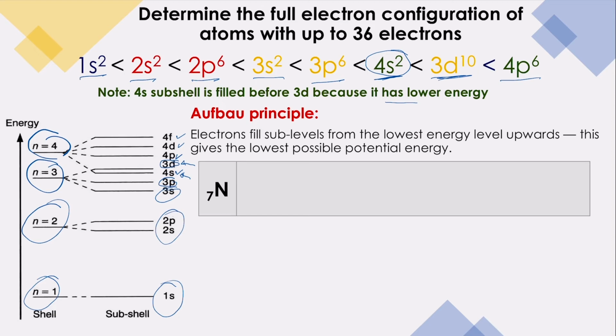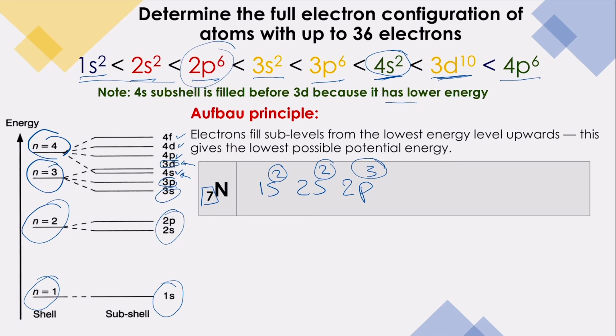So if I'm about to give the electronic configuration for N7, I would write 1s2, 2s2. How many electrons now? We have now 4. Then after 2s, I'm just following this arrangement. So I have 2p3.